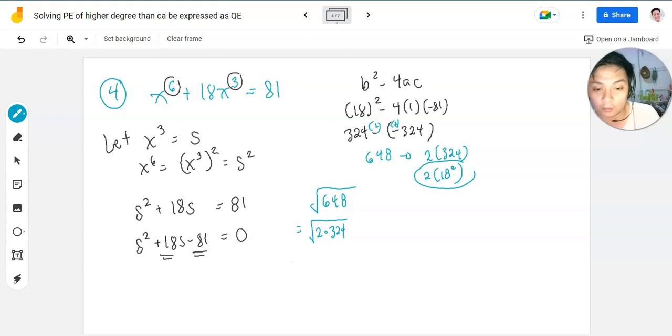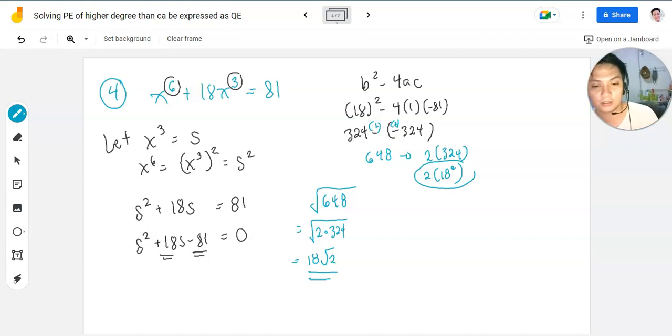So, ang 324 perfect square number, and square root niya ay 18. So, square root of 648 ay 18 square root of 2. Yan. So, ibig lang sabihin ito, we're expecting that the roots are real, irrational, and unequal.